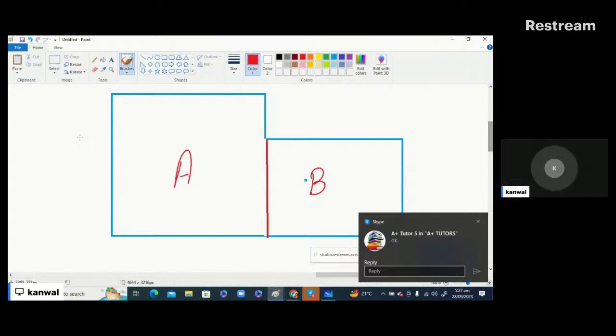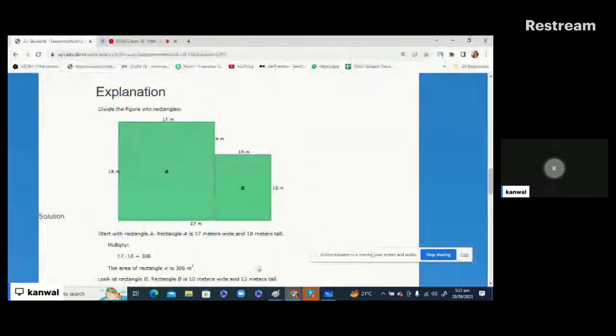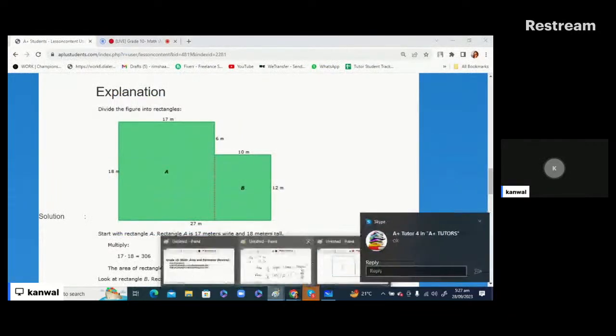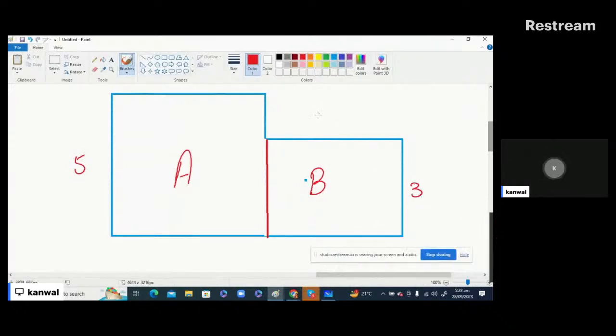Now look, all the heights are given. What are those heights? For example, the first one is 5, this is 3, that is 10, that is 20.